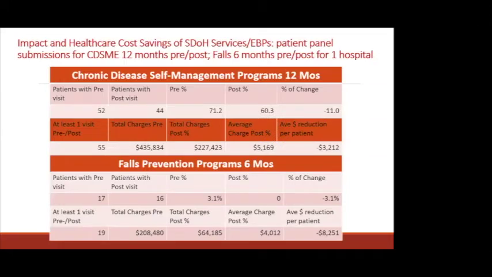And this was some CRISP data that came out, and we were very excited to see this, because these are the people that actually went through the chronic disease management program. It looked at 12 months pre and 12 months post.